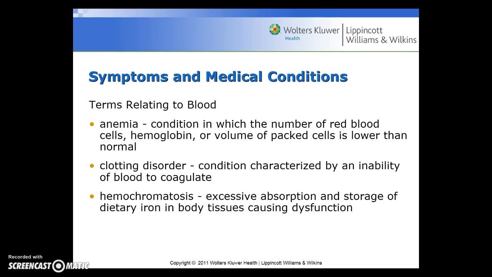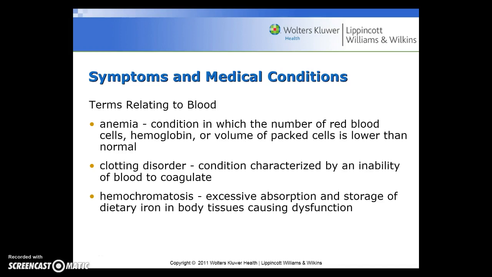Symptoms and medical conditions relating to the blood are anemia, a condition in which the number of red blood cells, hemoglobin, or volume of packed cells is lower than normal. Clotting disorder is a condition characterized by an inability of blood to coagulate.